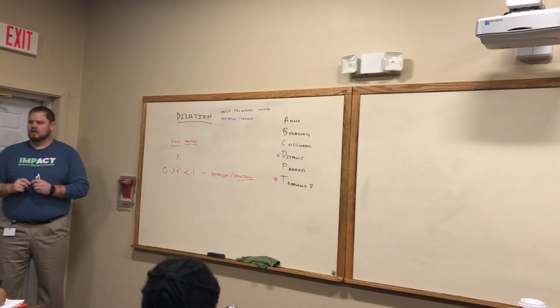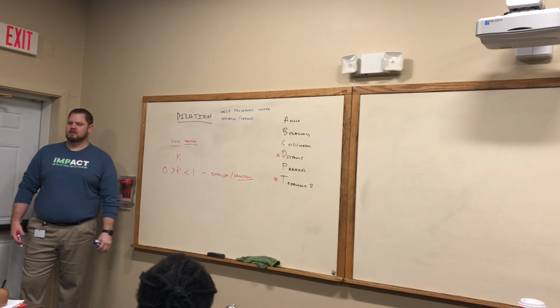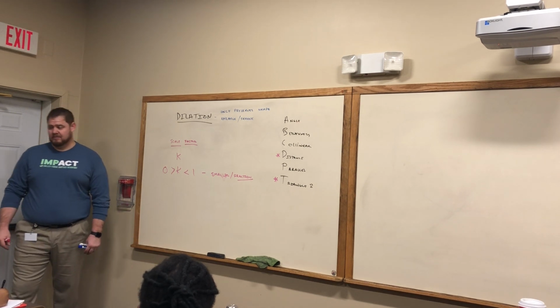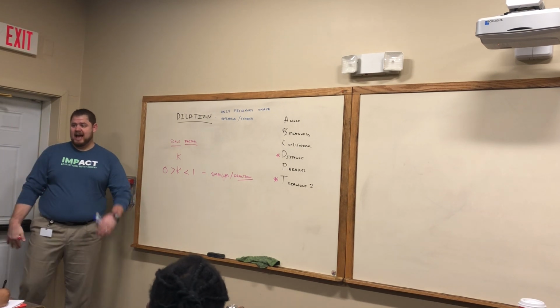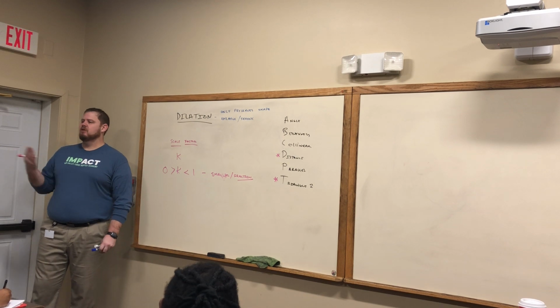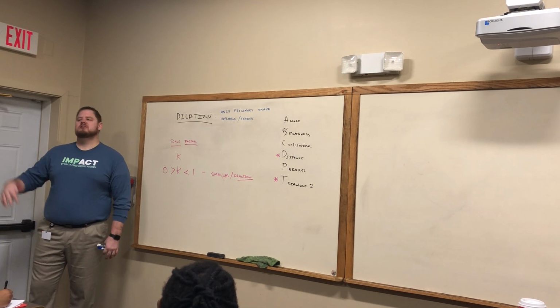Why did I have to say greater than 0? What happens when something gets to 0? It becomes nothing, because 0 times something is 0. So it has to be bigger than 0 and less than 1. That's any fraction known to man: 1/12, 1/13, 1/5, 1/7.